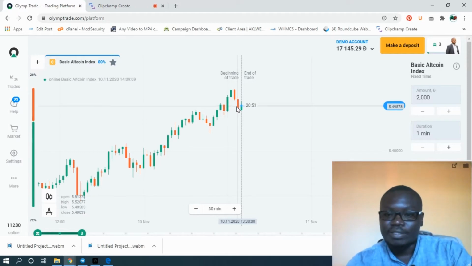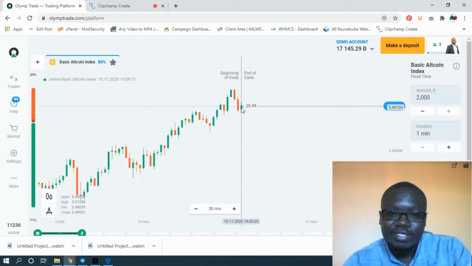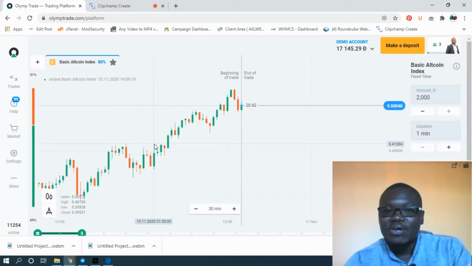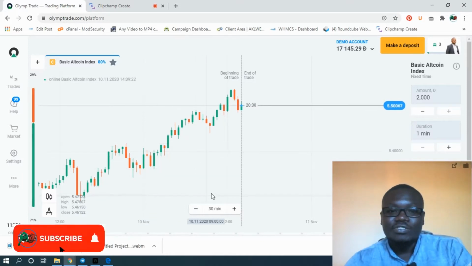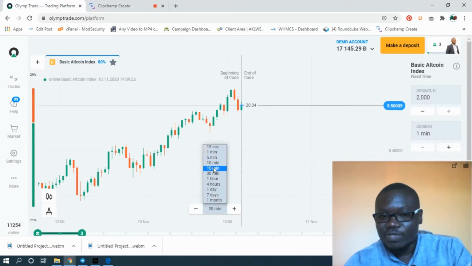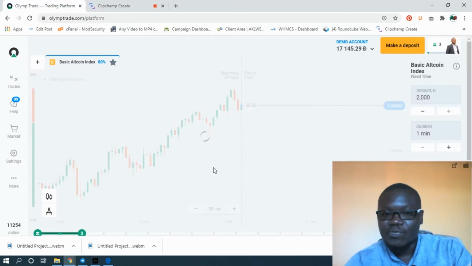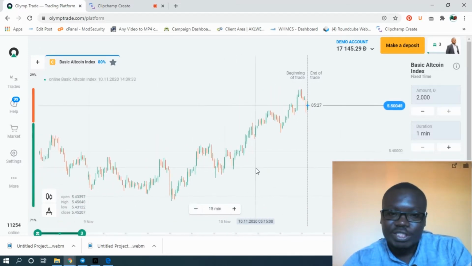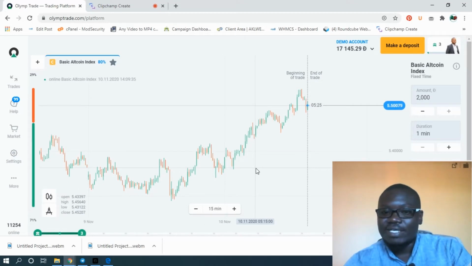So it takes 30 minutes to create this one, and that one. So every data that we will be analyzing on this chart will be data for 30 minutes candlesticks. If you don't want to do 30 minutes, you can still change the time frame and do maybe 15 minutes, 10 minutes. You will still be able to see the trends that are developing.